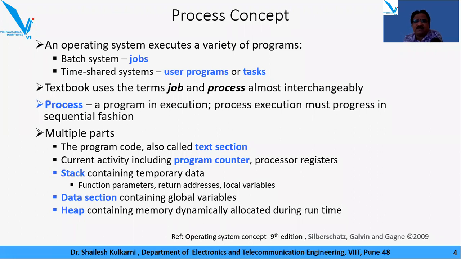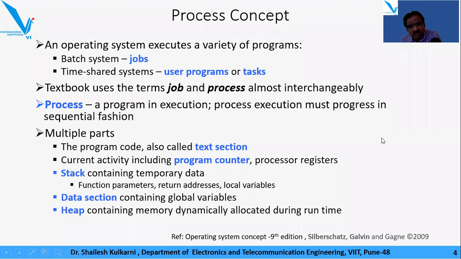The sequential fashion referred to here just means that the state transition of this process happens one after another. Okay, and that is what we mean by process execution. Fine. So anything that is expected to be executed with a single core architecture is expected to be done in a sequential fashion. And that's what is written: the program in execution is the process, and process execution must progress in a sequential fashion, right?